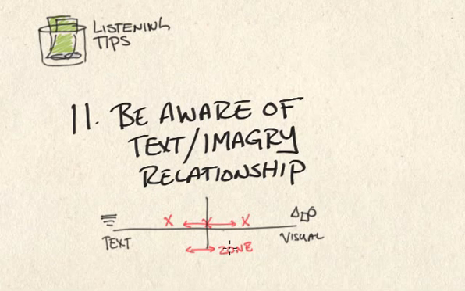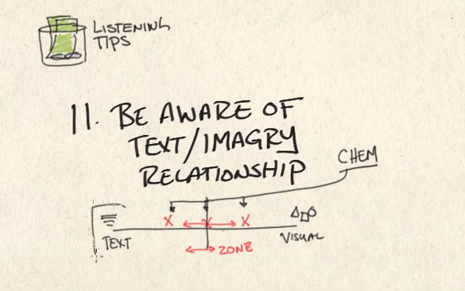Some professors who use visual notes or require their students to do visual notes, such as in organic chemistry, have found a good amount of success when they have their students at least apply some area of visual along with their text, whether it's somewhere along this line, midpoint, or just onto the other side, rather than just being all text-based.